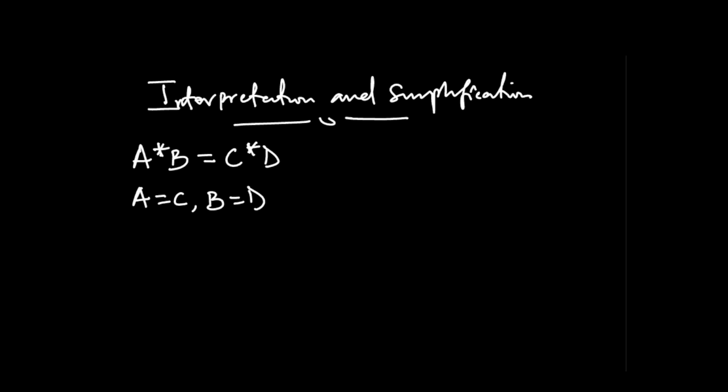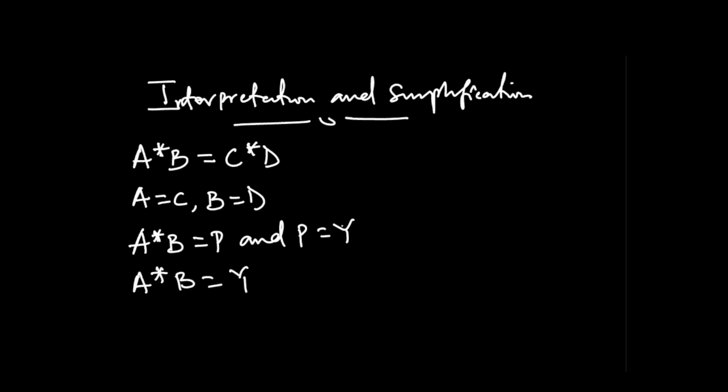Also, if I have A operation B, for example, equal to P, and P is equal to 1, then I can conclude by saying that A operation B is equal to 1, since P is equal to 1.